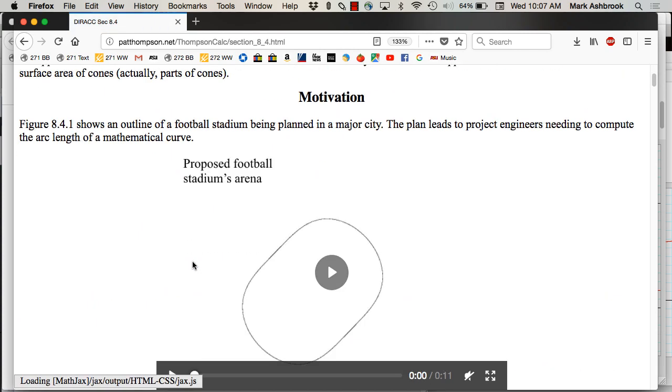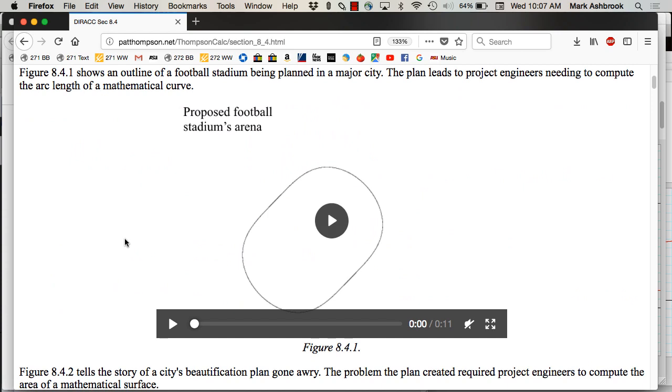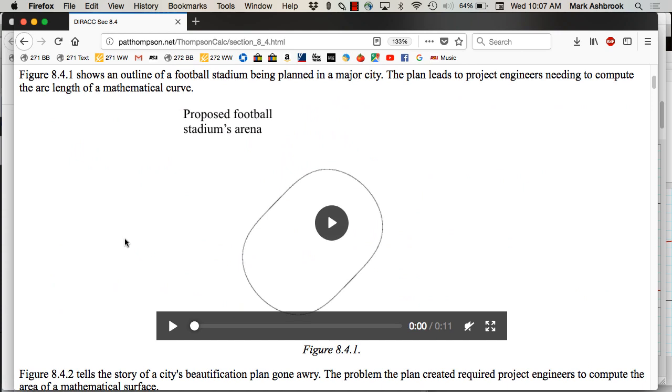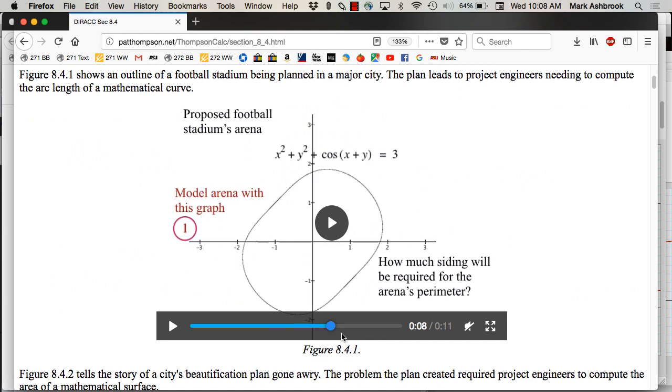Suppose that we have a stadium like this, and we want to know how much fence do we need around the stadium? If we could model that perimeter as a function, we want to know then what's the distance around that thing? What is the perimeter of that shape?